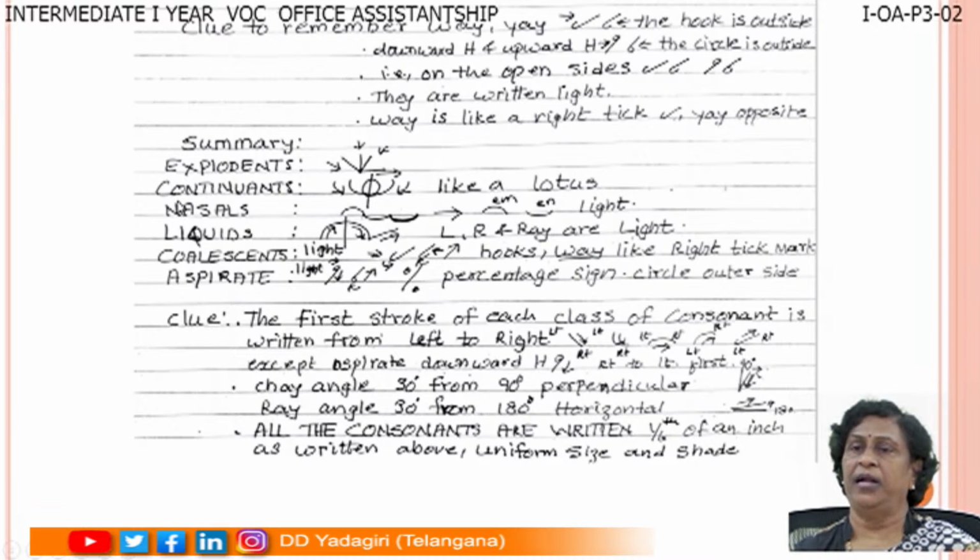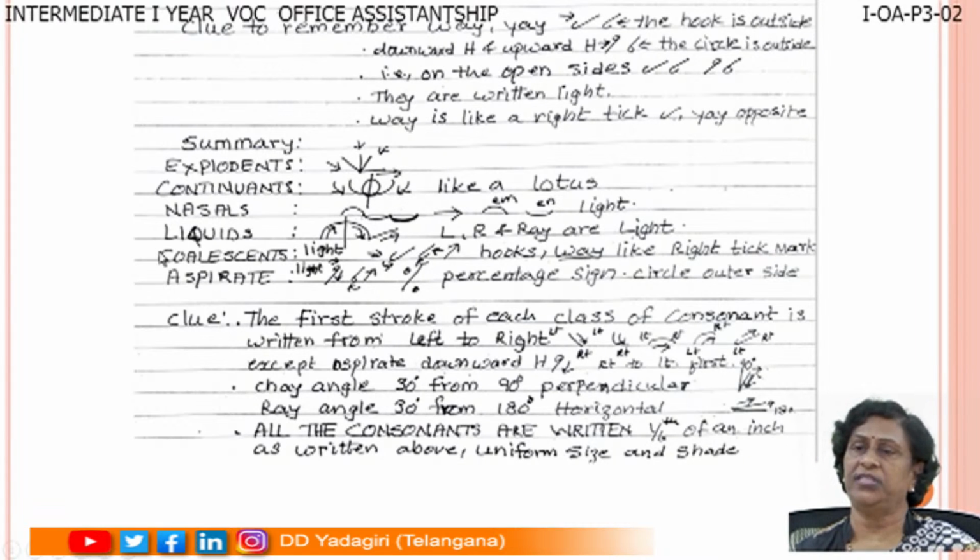And continuants: it is FV, and if you make a right angle, sorry, 90 degrees, the left part is ITD and the right part is SG, and this is your Ish and G. FV, ITD, SG, Ish and G, like a lotus. So it looks like a lotus here. To remember: the left one is FV, then the straight left curve is ITD, the straight right curve is SG, and the sloping curve is Ish and G.